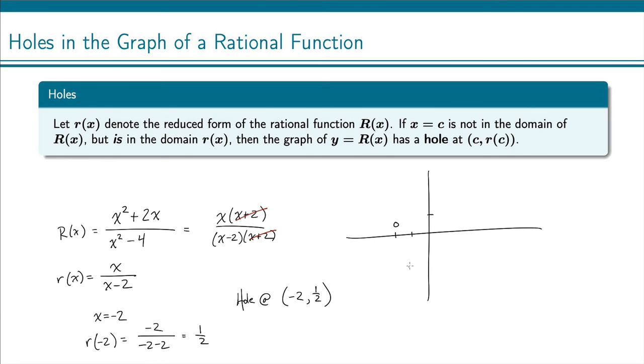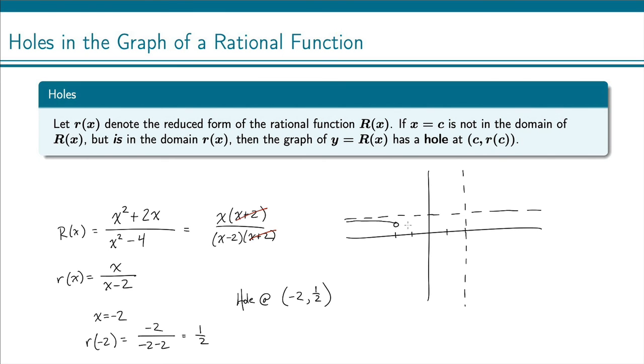When graphing this function, we end up with this hole instead of a filled-in point there. I'll just sketch the actual function for you so you can see it. It has a vertical asymptote over here at 2 and a horizontal asymptote up at 1. And so it looks like this.